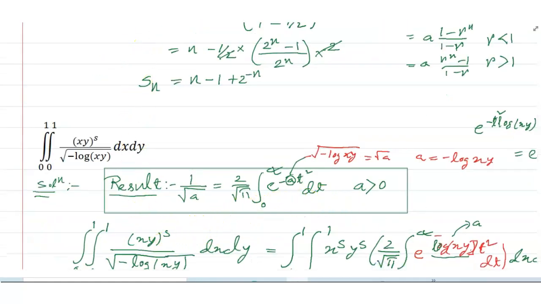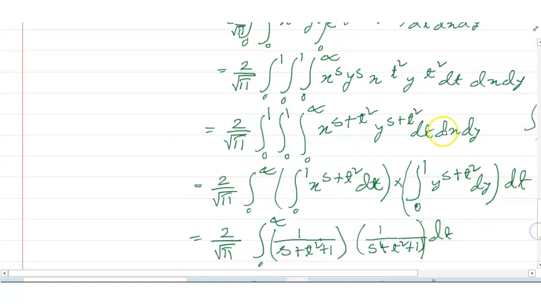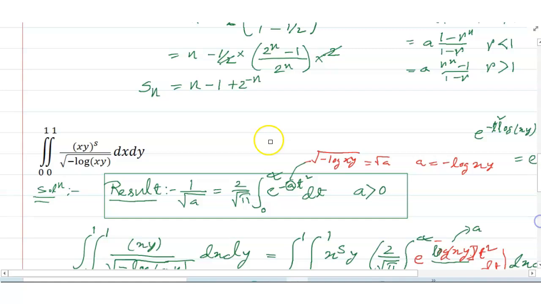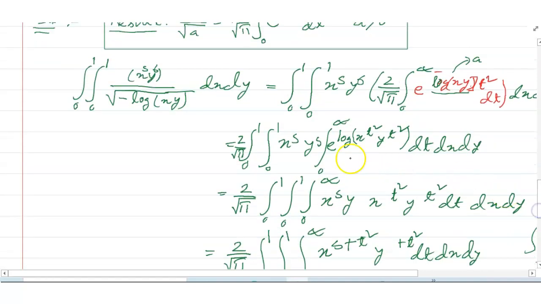Let it be written this way. Why I take this: the problem is x to the power s and y to the power sigma. So it should be y to the power sigma.